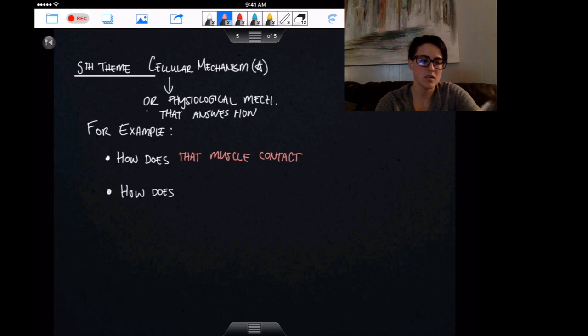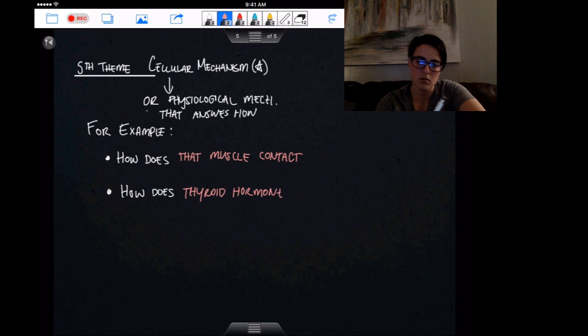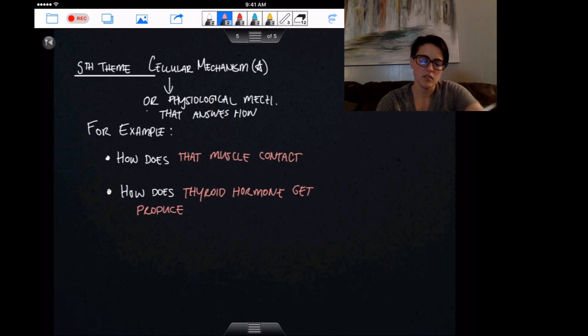Or how does thyroid hormone get produced? So I'm not asking you to be super specific because we haven't gone over all of these things, but notice here I have a star.